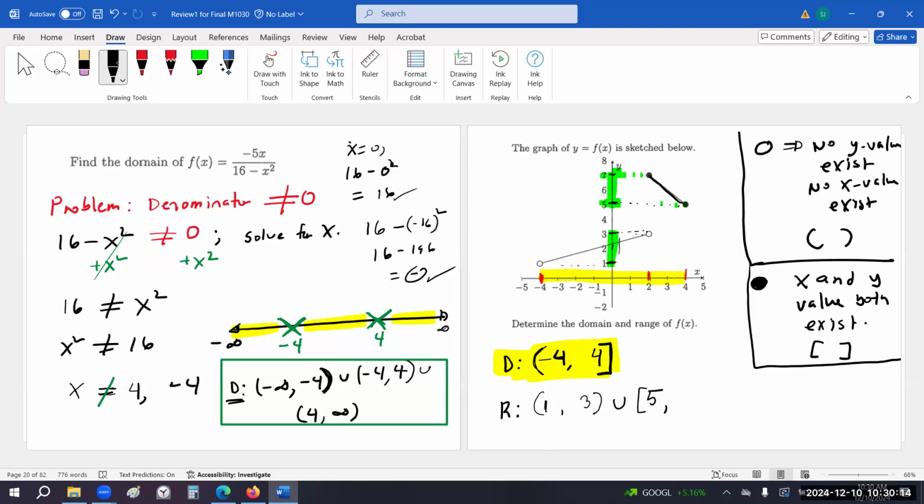And we walked until we reached the y value 7, bracket again. So anytime you have an open circle, means we don't have any valid x and y, so it's parentheses. Closed circle means we have an x, and for that x we have a y, so it's a bracket.